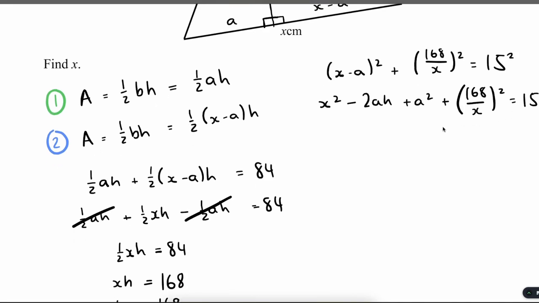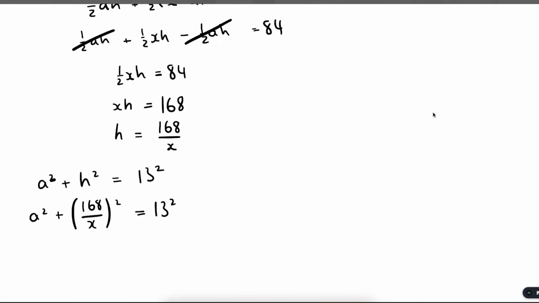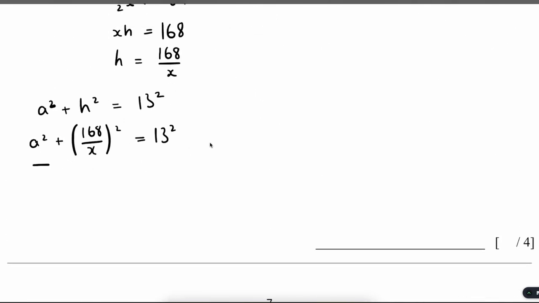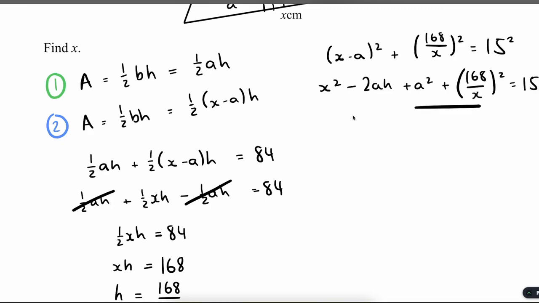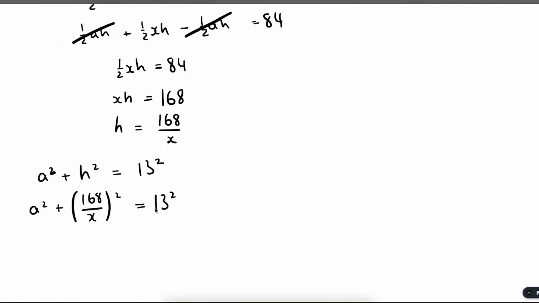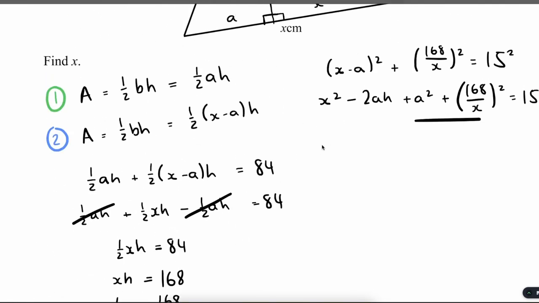If you look at this part of the equation, it's the same as this equation down here, a squared plus 168 over x squared. So we can replace that with 13 squared, because we know that's equal to 13 squared. So x squared minus 2ax plus 13 squared equals 15 squared.